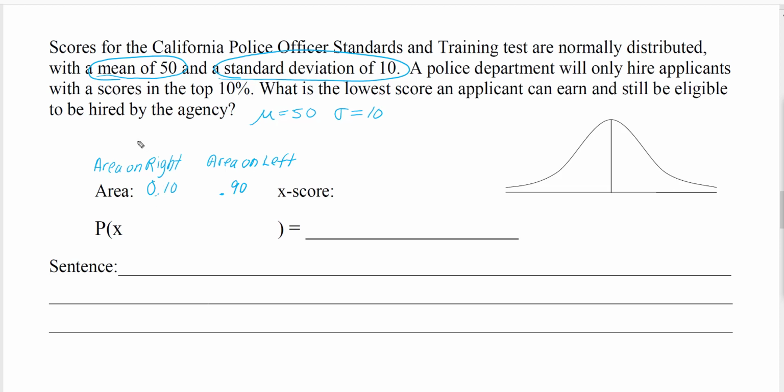If it's the area on the right, you're going to have to look at the greater than or equal to. If it's the area on the left, you're going to have to look at the less than or equal to. Your choice here. So we're going to have to figure out the x-score. Let's go ahead and choose the area on the right. We're going to type that in as 0.10. And if it's area on the right, we're going to look at greater than or equal to. So now let's go to StatCrunch and see what we get.